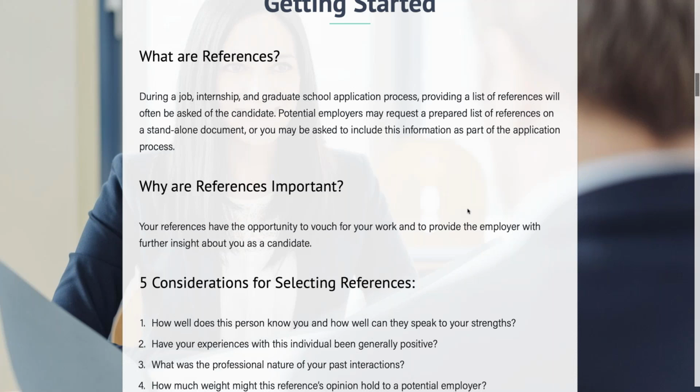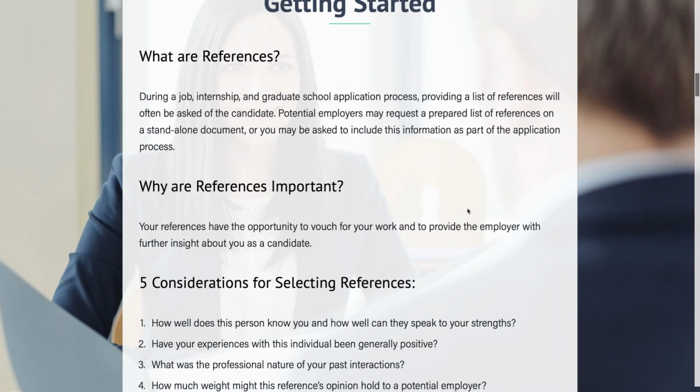During the job, internship, or graduate school application process, you're likely going to be asked to submit a list of references, and these potential employers or graduate admissions professionals are going to rely on what your references are going to say about you or reinforce key information that is included in your application materials. They're important because it's another perspective that will reinforce that information and attest to your strongest areas of skills and qualifications related to the type of opportunity that you are being considered for.